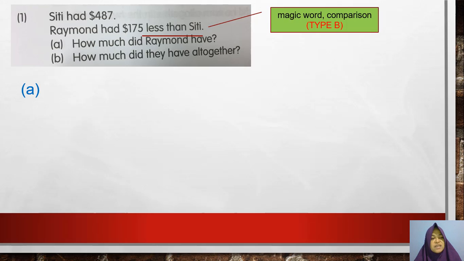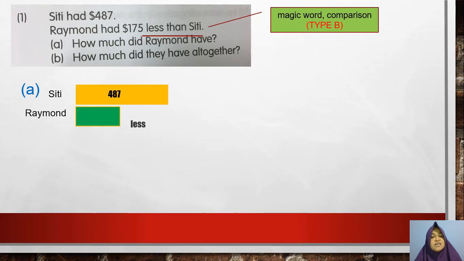You write first Siti and Raymond. How much Siti had? Siti had $487. You make the model. How about Raymond? Raymond had less, so the model will be shorter. How much shorter?